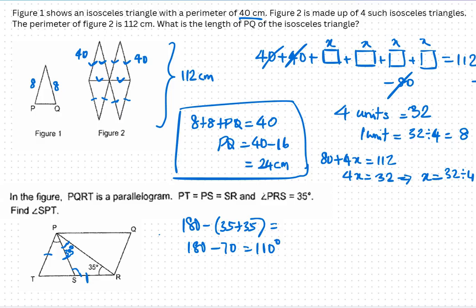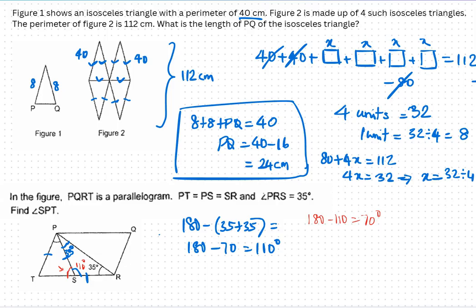Now, we know this is 110 degrees. What does that tell us about this angle here? This is a linear pair, since TSR is a straight line. Since this is 110 degrees, this angle has to be 180 minus 110, which is 70 degrees. Another way of looking at it is that this is an exterior angle of triangle PSR.